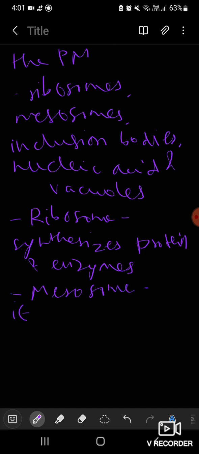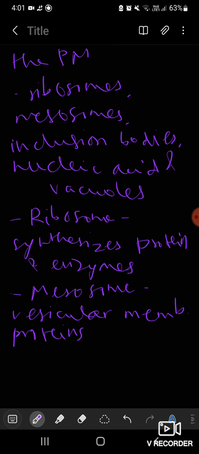It is the vesicular membrane of membranous proteins of the plasma membrane.